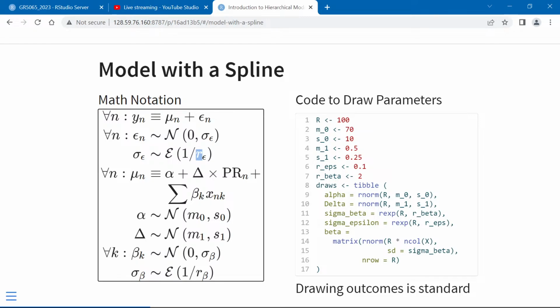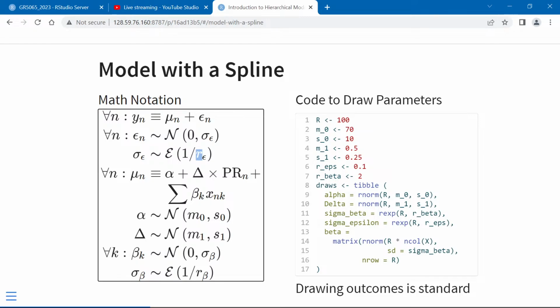So, okay, I've got my prior hyperparameters ready to draw: intercept, coefficient on the PR thing, draw my sigma of the betas, draw my sigma of the epsilons, and then beta is going to be R by 9 matrix. Mean 0, standard deviation, realizations of sigma beta.